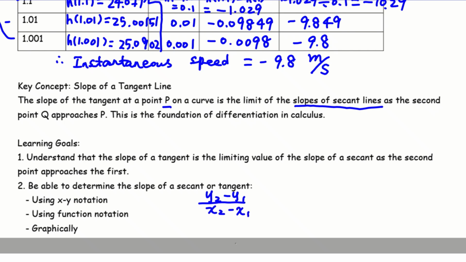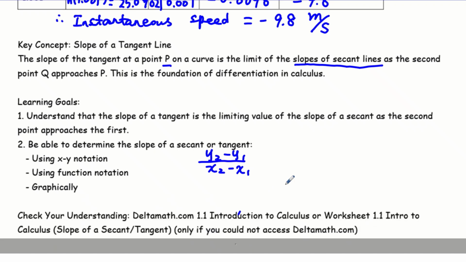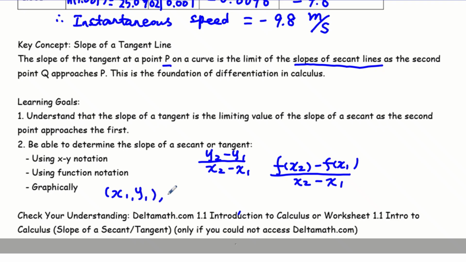If it's function notation, then you should know that it is f at x2 minus f at x1 over x2 minus x1. So this is for function notation, and from a graph, we just read the points from the graph. After that, use the xy notation to do the calculation for the slope of a secant or a tangent. For the tangent, just try points closer to the point of the tangent line.